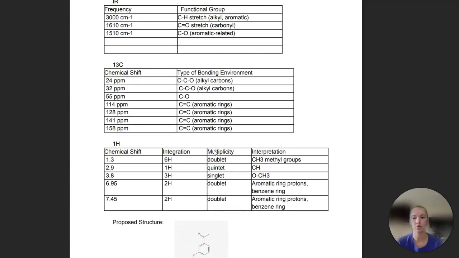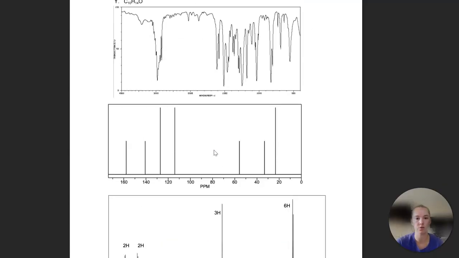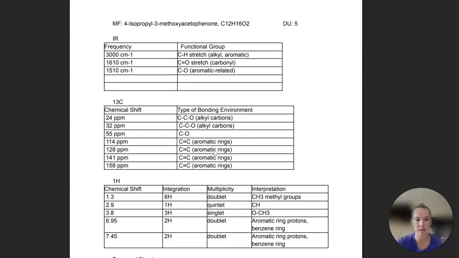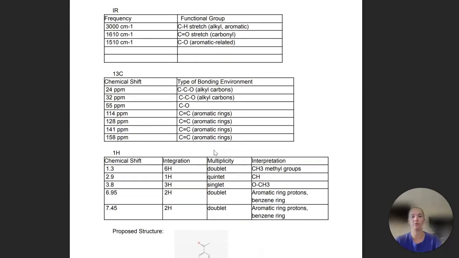The second table shows chemical shifts due to the NMR spectrograph, seen secondly here. So we see between the 0 to 50 ppm, 24, 32, and 55, likely corresponding to single bonds between two carbons and an oxygen, and then a single bond between a carbon and an oxygen.